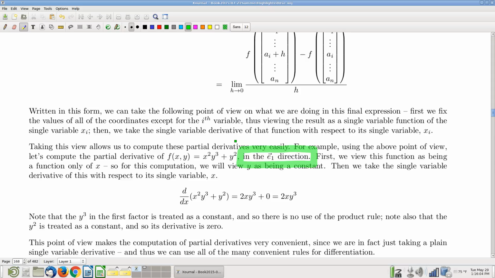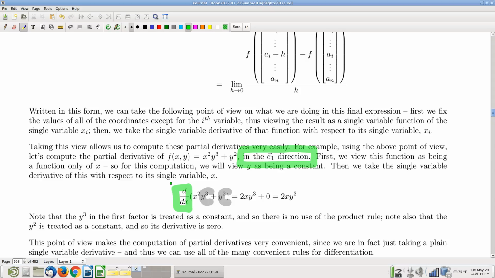We're moving straight along the x-axis. y is not changing at all, so I'm going to treat y as a constant. So this is the derivative with respect to x. Don't think of this as a multivariable calculus problem anymore. I'm taking an x derivative of x squared times a constant. Well, then I get 2x times that same constant. This is an easy Calc 1 derivative.